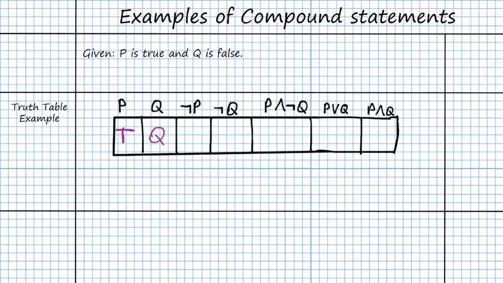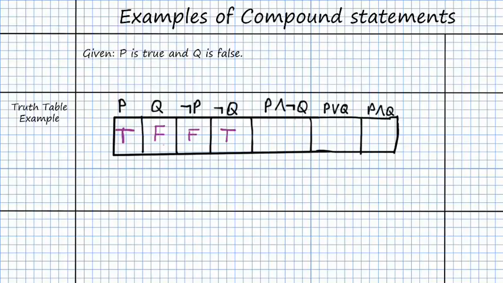So then not P, well, if P was true, then not P is false. Oh, I'm sorry, I wrote a Q back here. That should be a false for Q. And we know that not Q is going to be true, because Q was originally false.